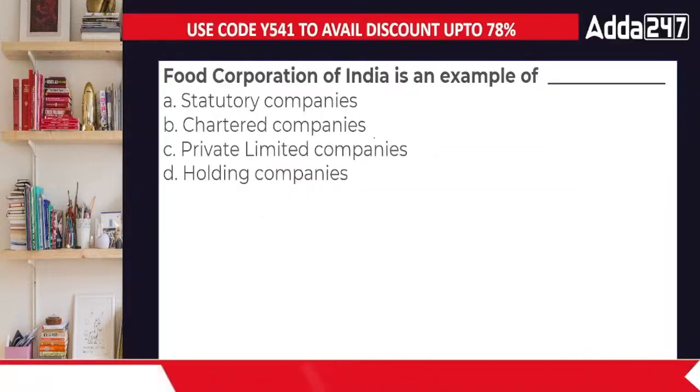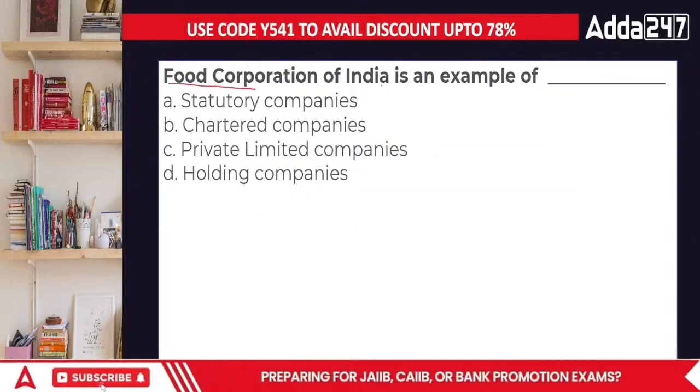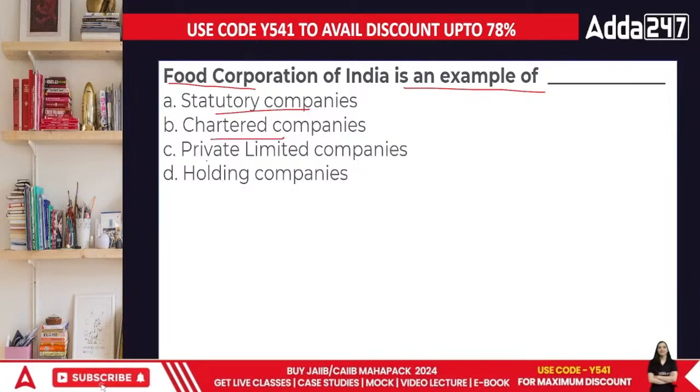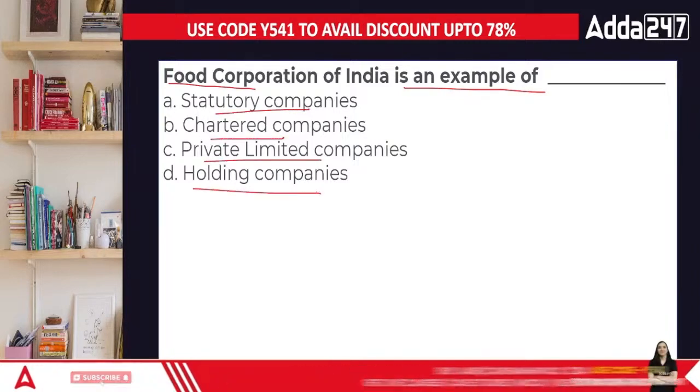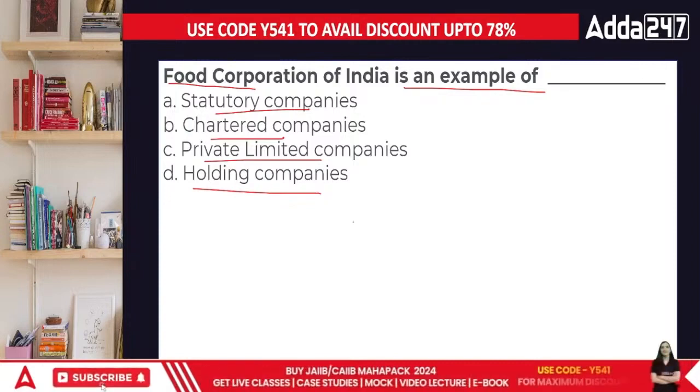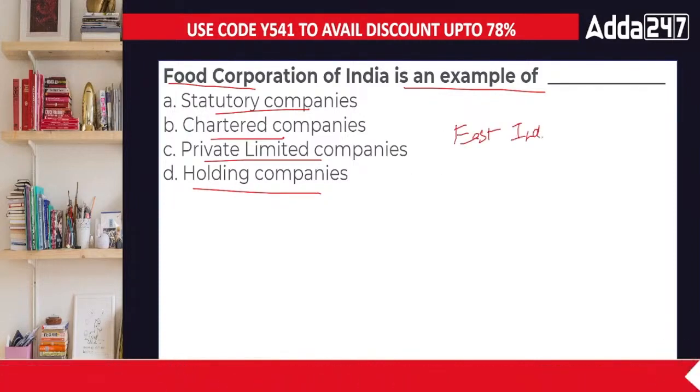Nanji. Then comes: Food Corporation of India is an example of statutory company, chartered company, private limited company, holding company. FCI, acha, this kind of question was asked in the examination probably this November only. They gave a question about East India Company.